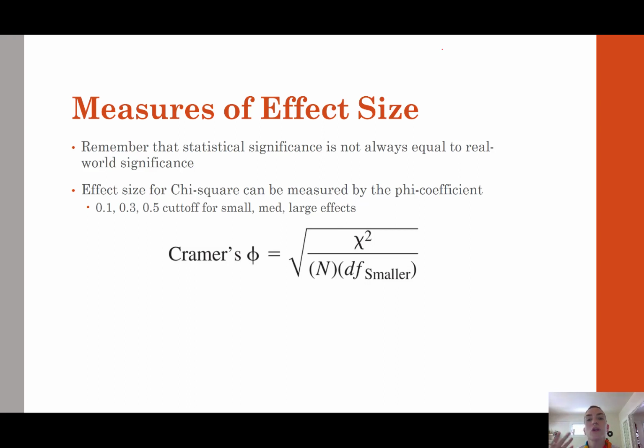So you've learned about effect sizes for other tests in this course. We could also calculate an effect size for the chi-square test. And this is measured by what we call the phi coefficient. So Cramer's phi is equal to the square root of your chi-square value divided by n times degrees of freedom, that's your smaller, either rows or columns, degrees of freedom.